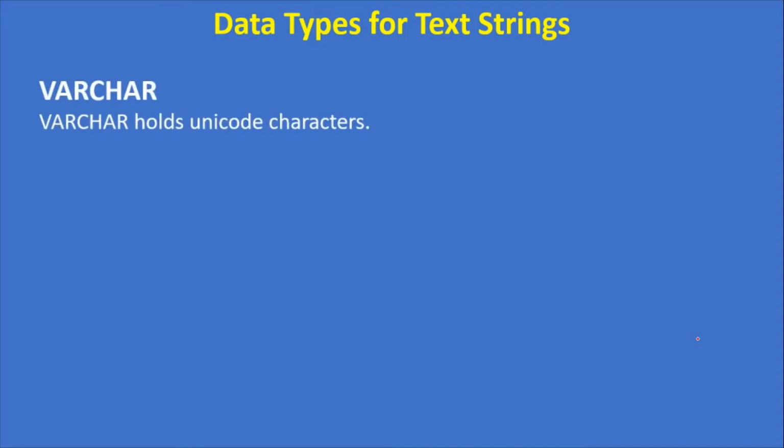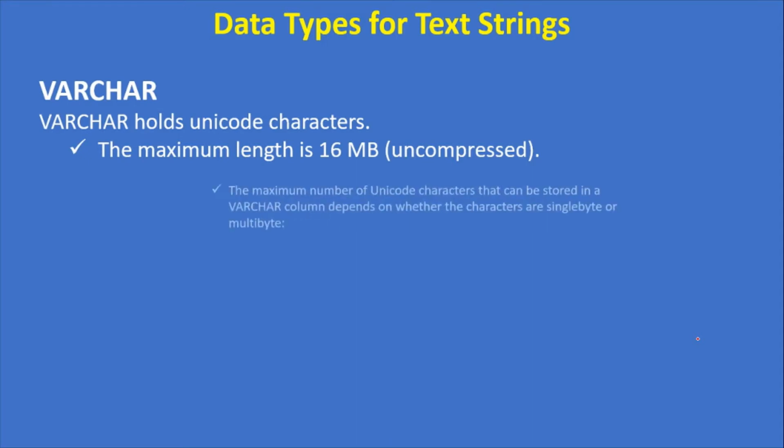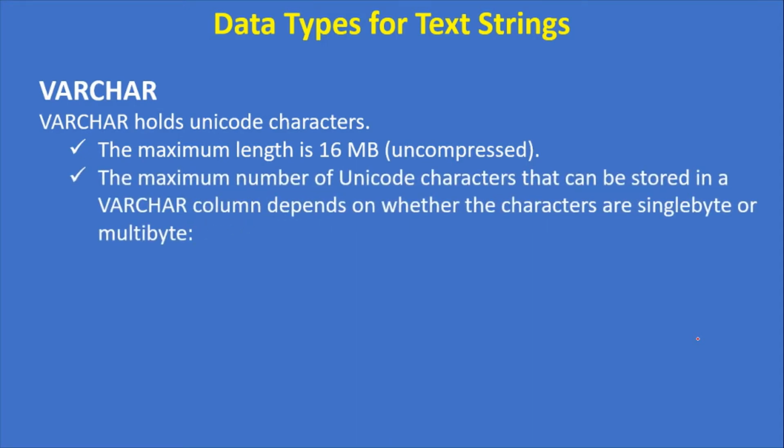Data types for the text strings. Varchar holds Unicode characters in Snowflake. The maximum length is 16 MB, which is in uncompressed format. The maximum number of Unicode characters that can be stored in a varchar column depends on whether the characters are single byte or multi-byte. Single byte can hold 16 MB.